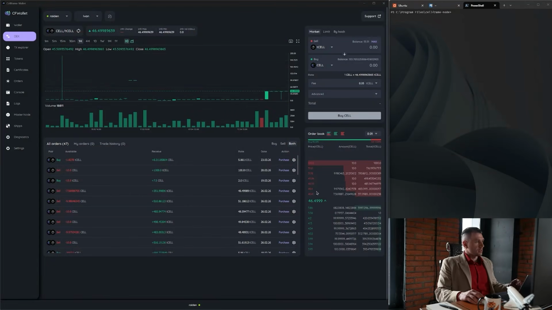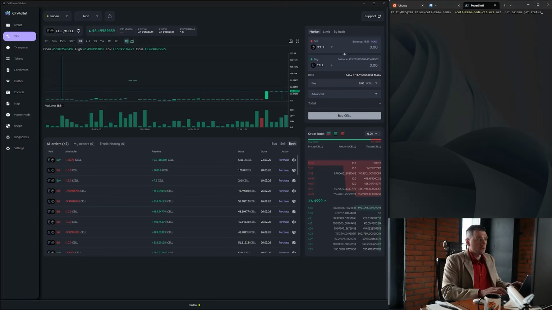And for the test episode, I chose the recently released Cellframe DEX, where I developed the internal logic. To make the review more explanatory, I'll use both graphical UI and Cellframe Node command line interface.